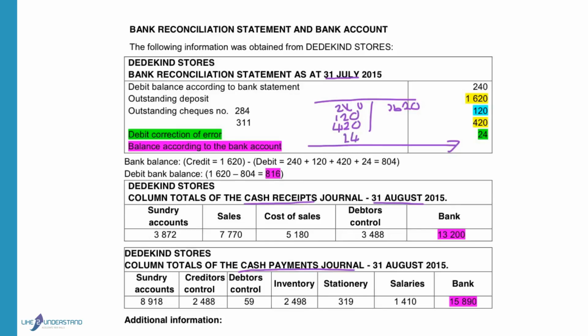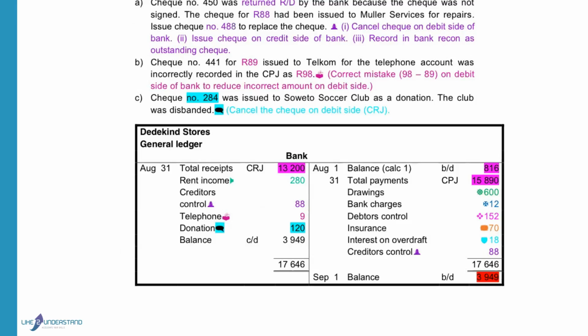And then you will calculate the balance in your bank account, and in this case it will give you 816. That is the last time that we wrote in the bank account, so that is the balance that we will start with.